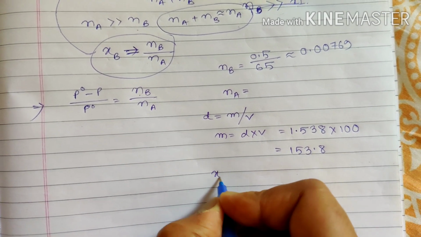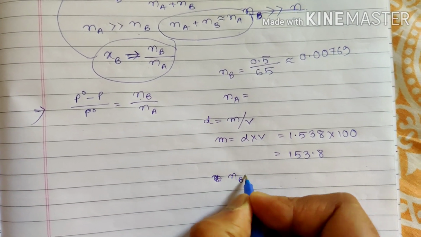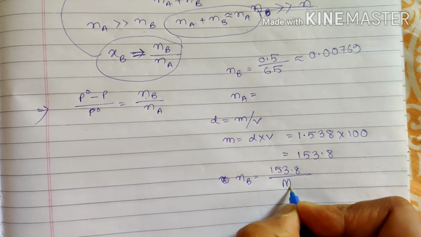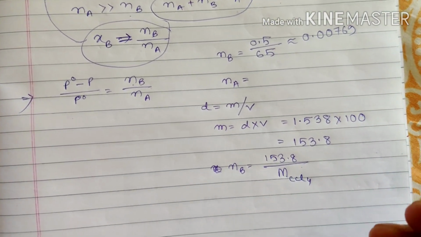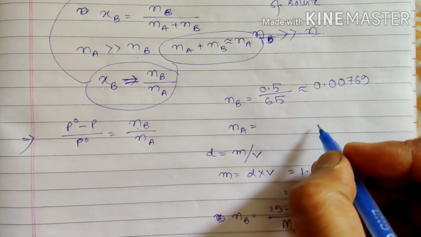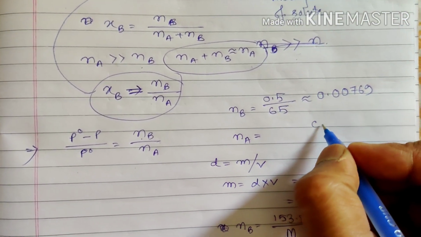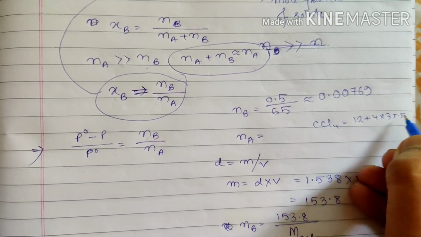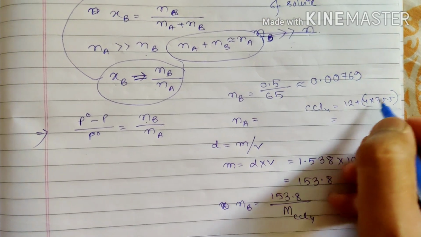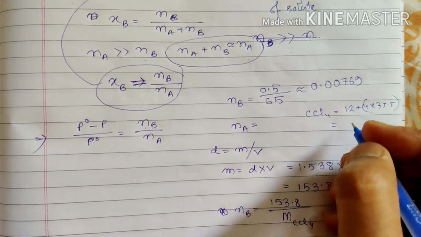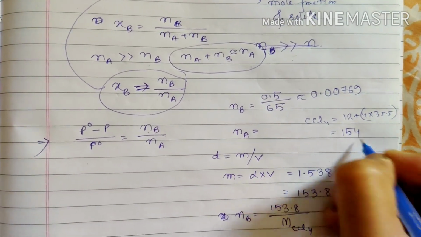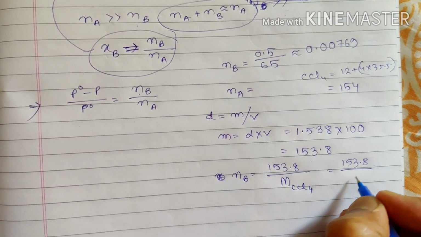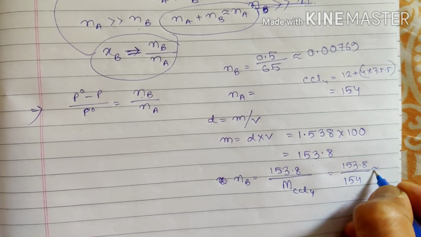And if we want to calculate the number of moles, that is 153.8 divided by the molar mass of CCl4. Now we need to calculate the molar mass of CCl4. I am calculating here only. CCl4 means it is 12 plus 4 into 35.5. Calculate this, we should be getting 154. So here it is 153.8 divided by 154, almost equal to 1.